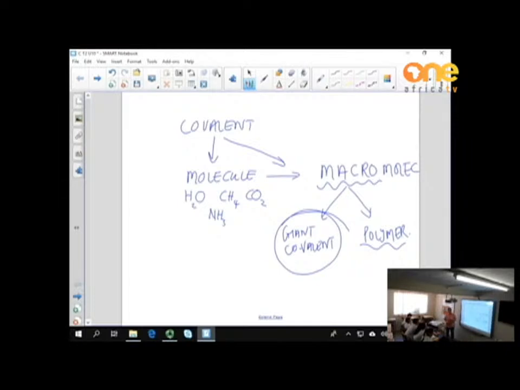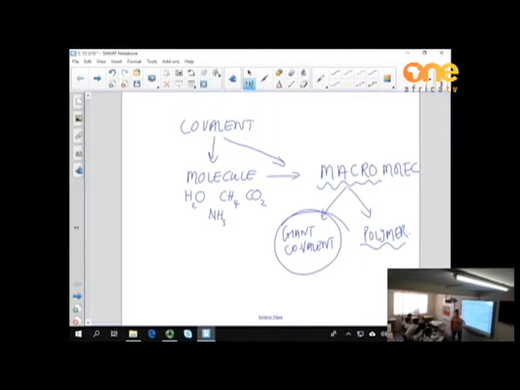All right, so people, you have to differentiate between these two. In normal molecules, it's 2 or 3 or 4 or maybe 5 atoms in that molecule. Macromolecules have got thousands sometimes, especially the giant covalent structures, of atoms covalently bonded to form a giant covalent structure.